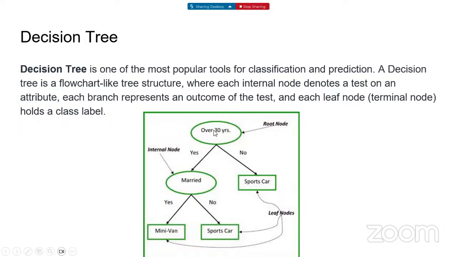For example, this represents the age feature, and this one represents whether the person is married or not. It's going to be another column, another feature. And this one is the leaf node. Leaf node means that the decision has been made. It comes to the end. So these represent the classes of the target variable.